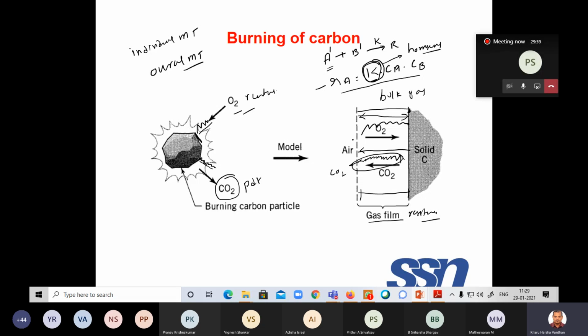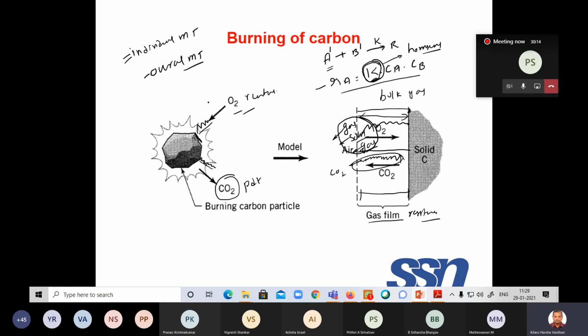But here there are different phases involved: a gas phase, a solid phase, again a gas phase. So you have to write your rate in terms of these individual resistances, and if you want an overall k, you have to sum up the individual resistances. That is what we are going to do now.